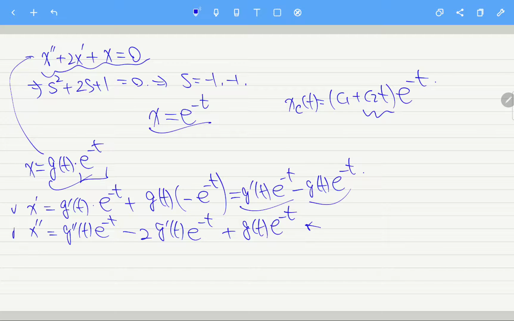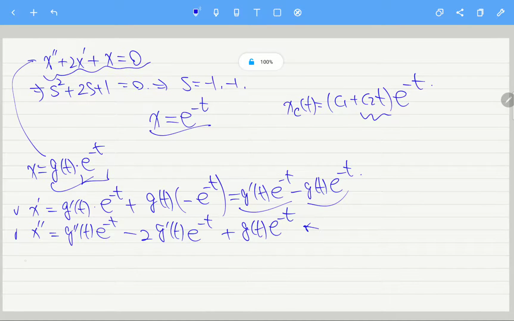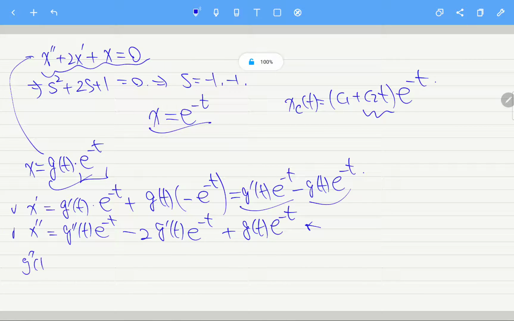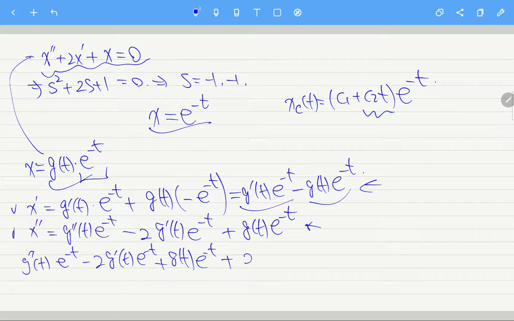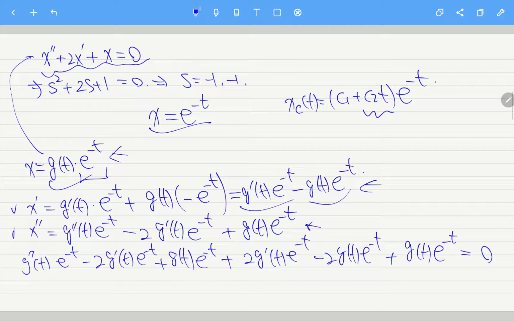So we will have g double prime of t exponential to minus t minus 2g prime of t exponential to minus t plus g of t exponential to minus t, plus 2 times of this one, 2g prime of t exponential to minus t minus 2g of t exponential to minus t, plus x is this one, so plus g of t exponential to minus t equals 0.